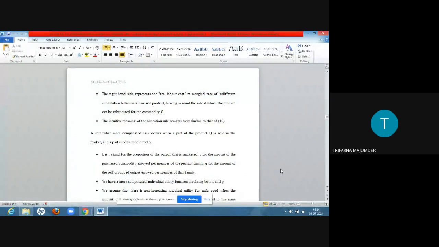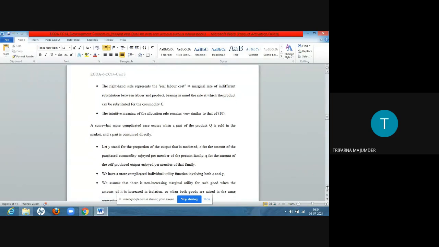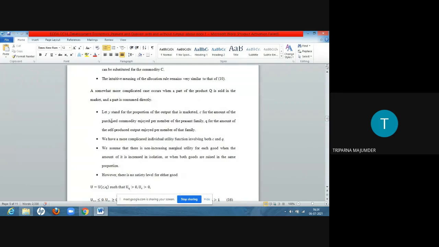So, as I was saying, we move on to a more complicated case where a part of the product Q is sold in the market and a part is consumed directly. Let small y stand for the proportion of the production of output that is marketed, and small c the amount of purchased commodity enjoyed per member of the peasant family, and small q the amount of the self-produced output enjoyed per member of the family.